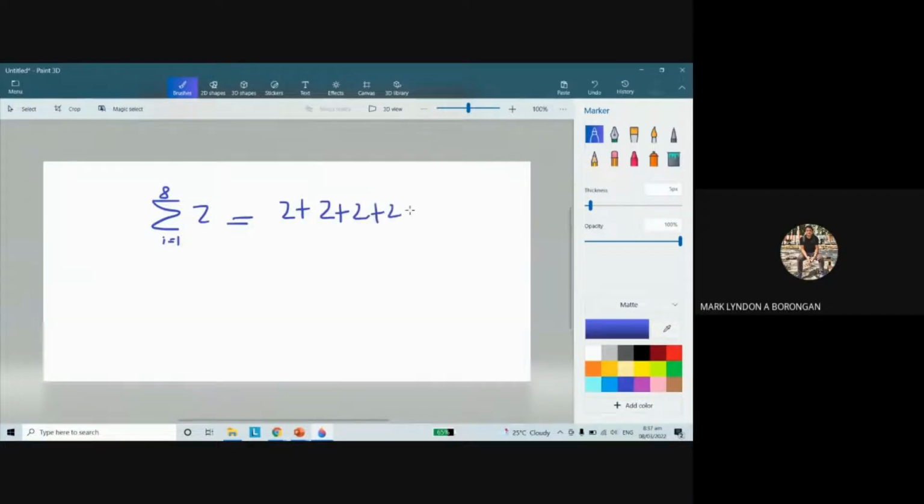So, i-add rin mo siya 8 times. Or, you can simply multiply 2 times 8. Pwede rin mo siya. That is just equal to 16. Muna ang gusto ipasabot sa atong first nga property.